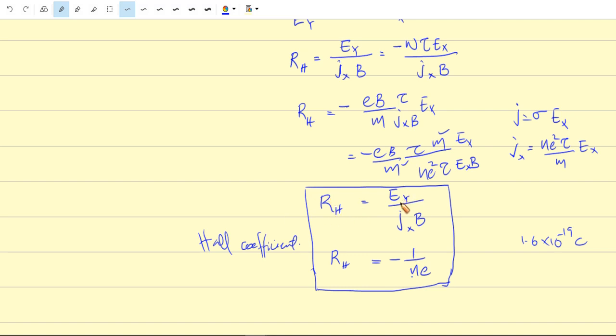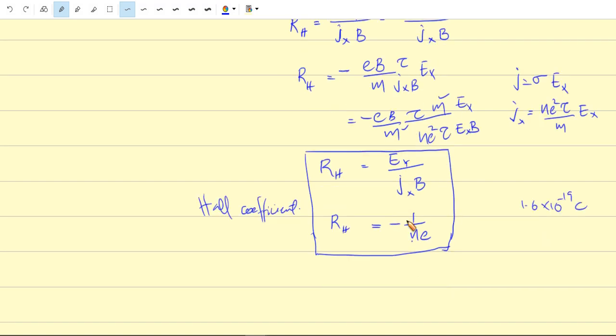We can measure the electric field Ey, and the magnetic field is the applied field. Jx is the current density; if you know the current, you can find the current density by knowing the cross section of the conductor.